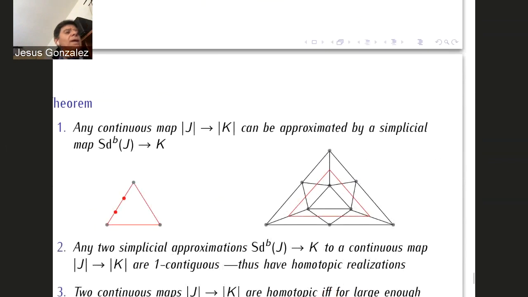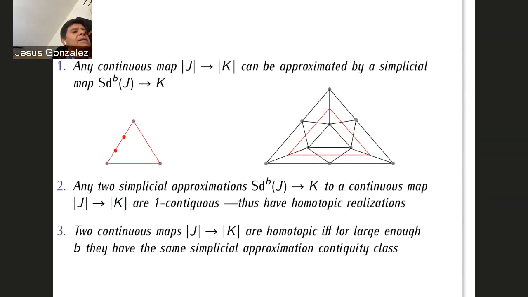Suppose J is the triangle in red on the left, and K is this triangle annulus on the right. It doesn't have the central triangle. This is empty, but everything on the annulus is filled in.